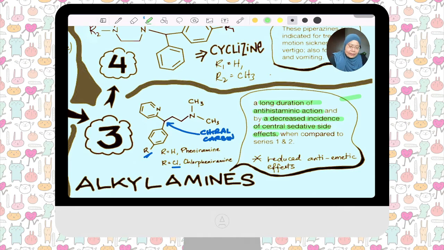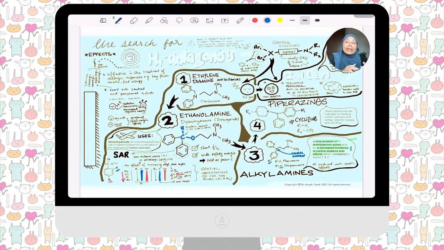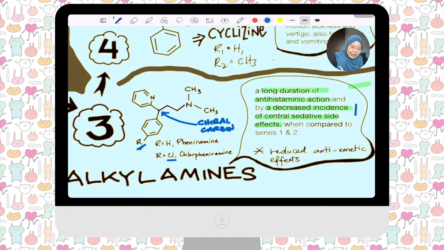In one sense, it indicates that it's becoming more selective towards the receptor compared to the ethylenediamine families or class. At the same time, it has reduced antiemetic effects.